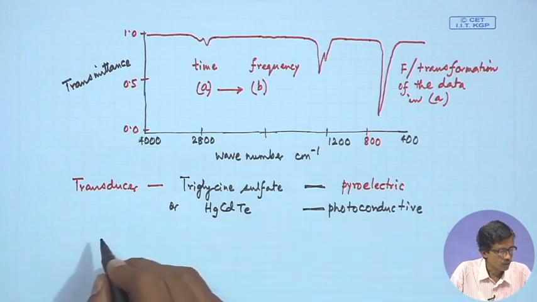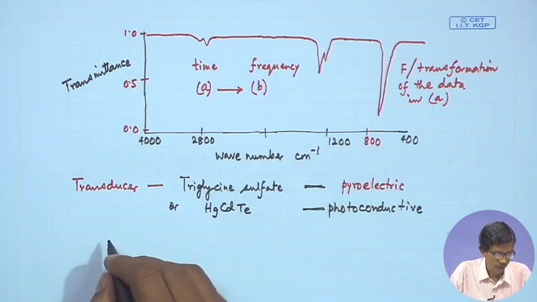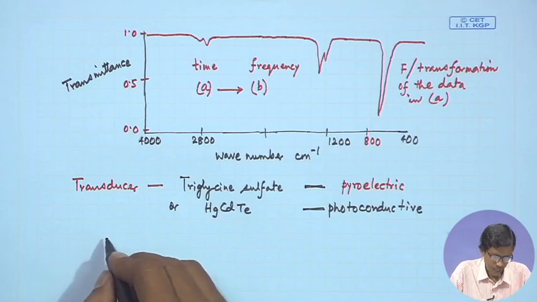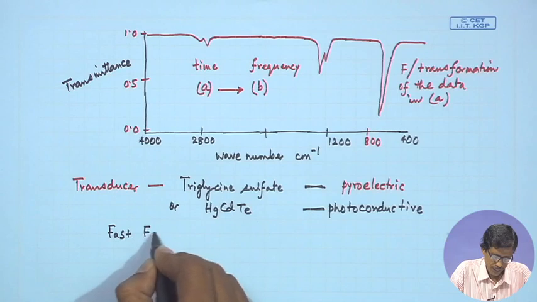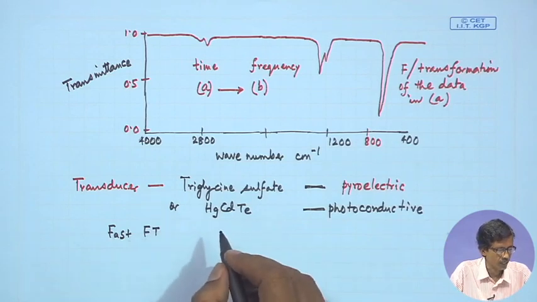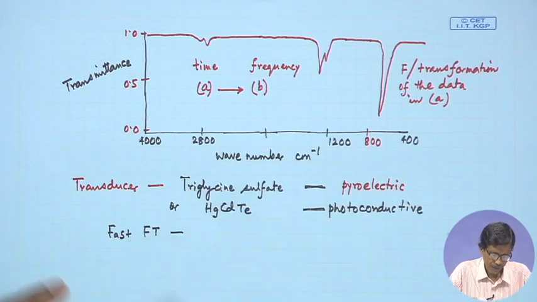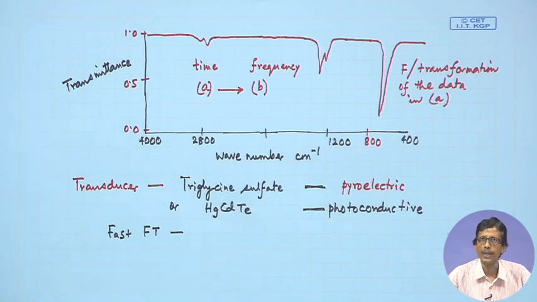These transducers can give rise to, in some cases, a first FT, that means first Fourier transformation, where we get the corresponding amplitude signals.